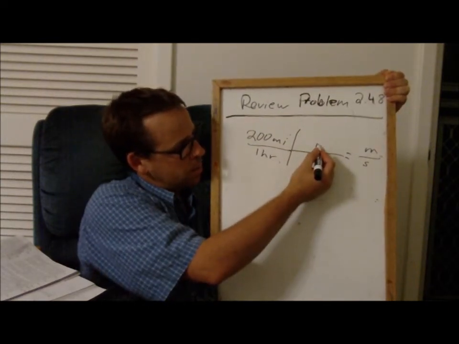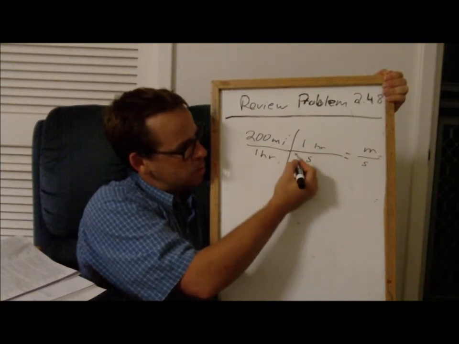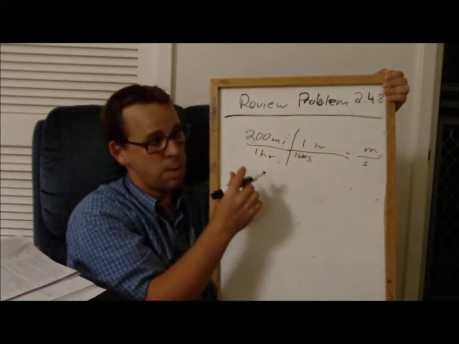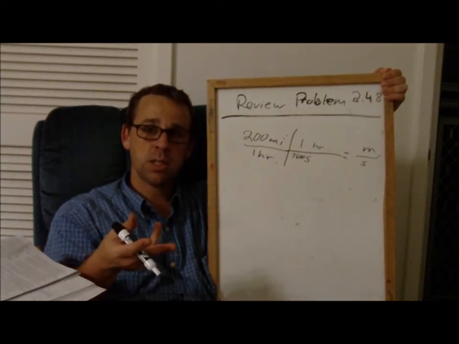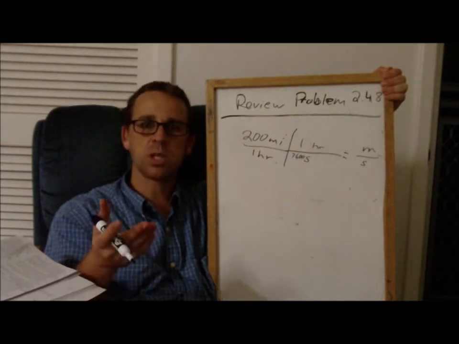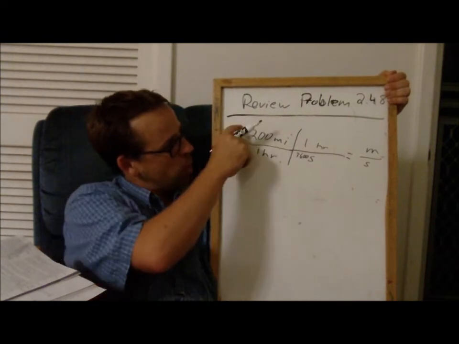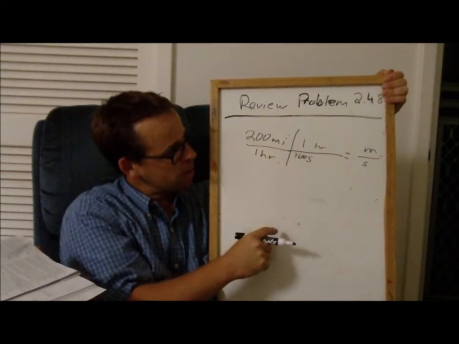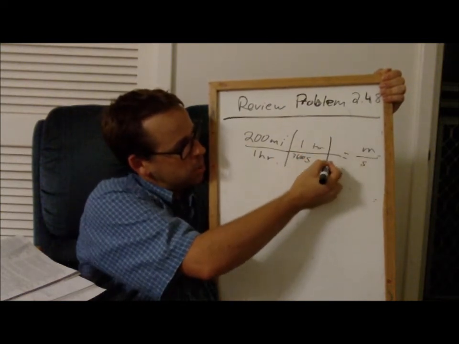Hours on top, seconds on the bottom. For every 1 hour, there's 3,600 seconds, because 1 hour contains 60 minutes, times an additional 60 seconds for every minute. So we have 200 divided by 3,600, and that'll tell us how many miles per second, but we want meters per second.